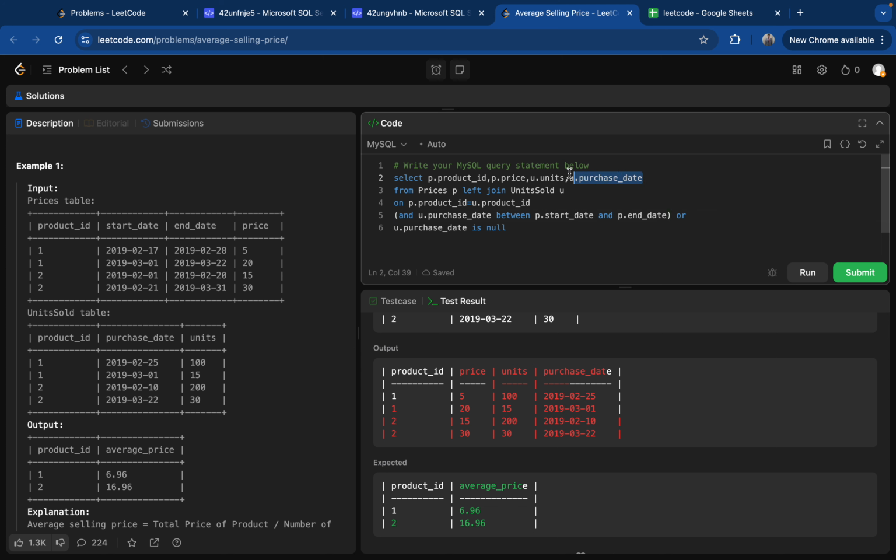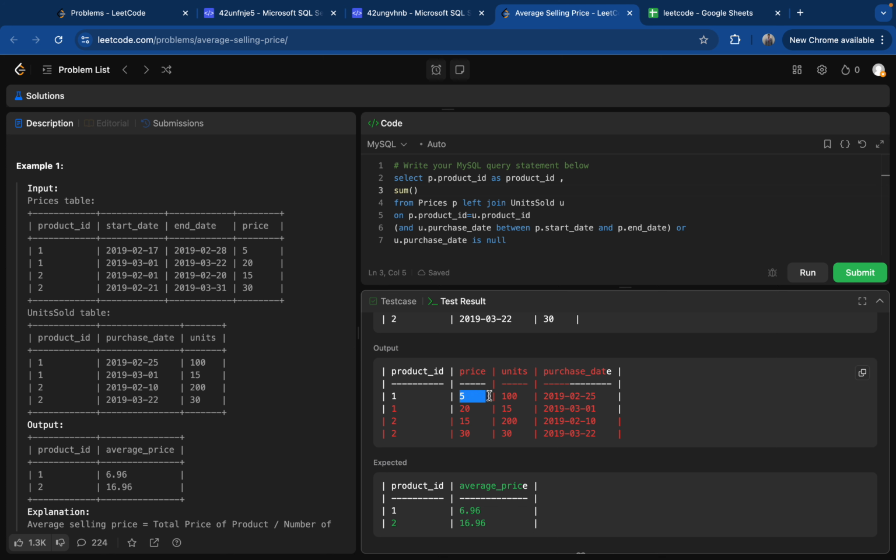Then we just have to get the product id, as product_id, and then we need to get the average. To get the average, I know that it will be the sum of the multiplication of price and units, so sum of P.price times U.units, divided by the sum of U.units.